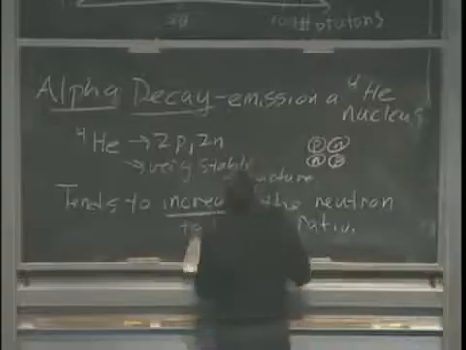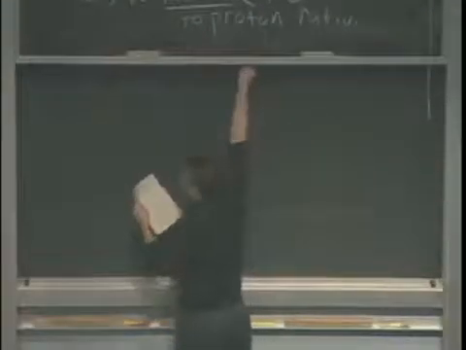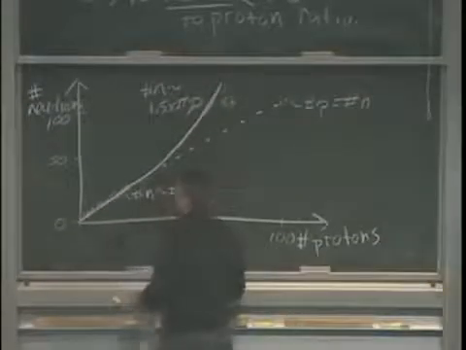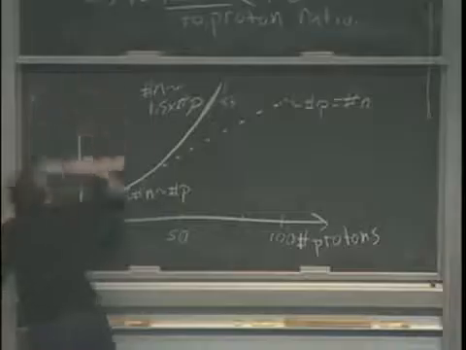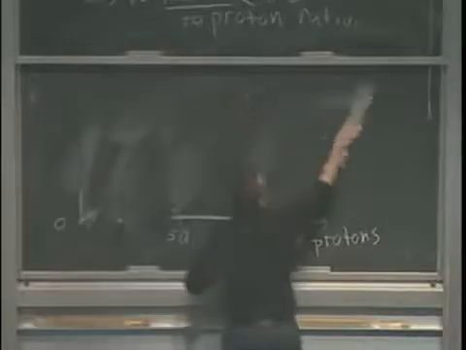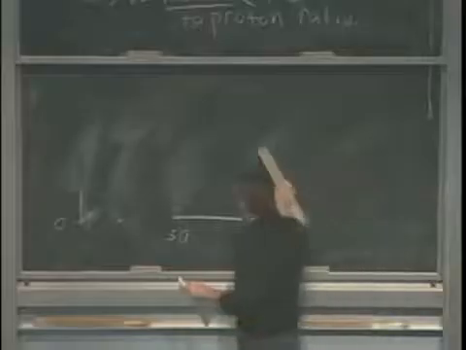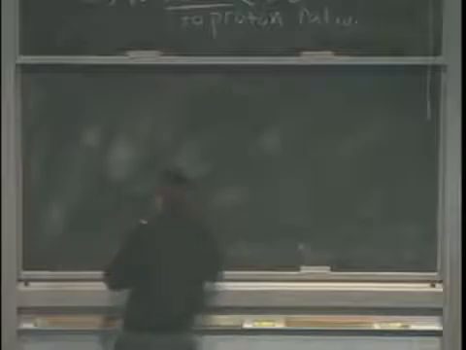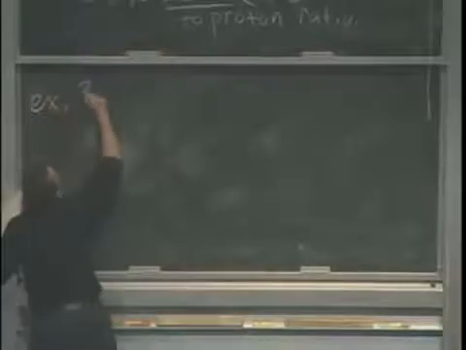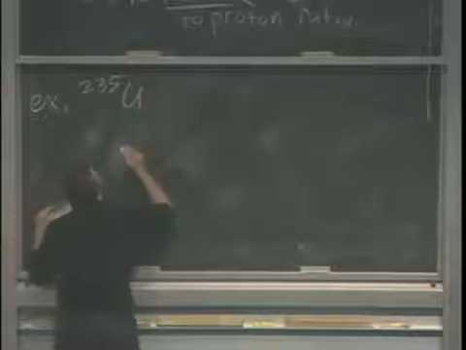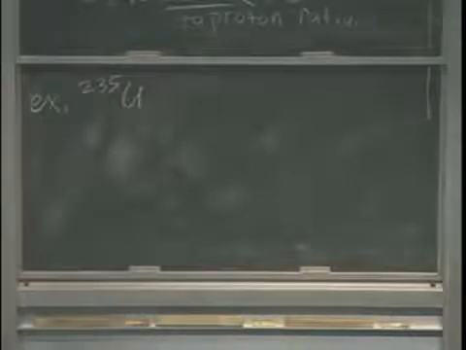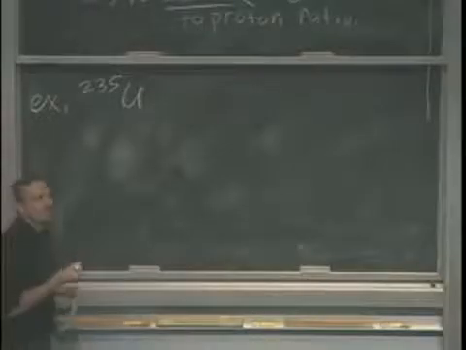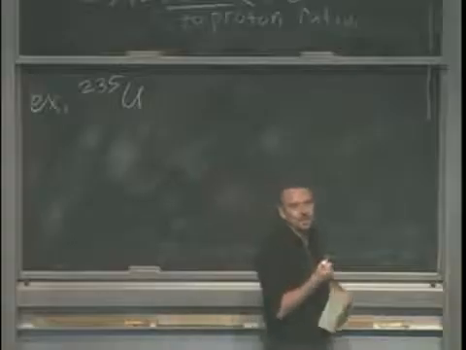So let's do a specific example of that, which is good old uranium-235, which is our key to nuclear energy. So uranium-235, I already told you, has a half-life. It's not completely stable, but it has a very long half-life, about 700 million years, so almost 1 billion years, a very large fraction of the age of the universe.